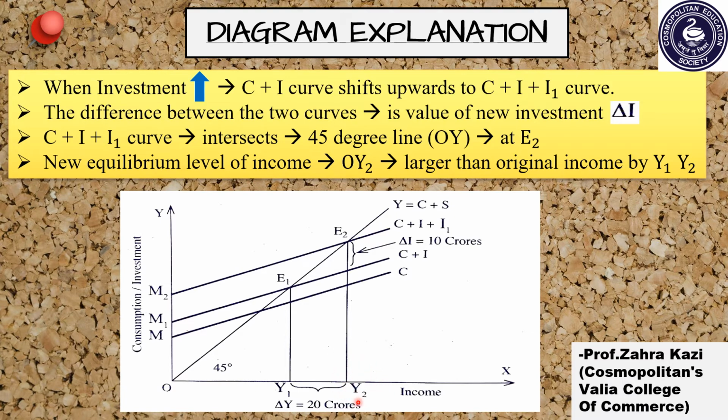So from the diagram, we very well know that this level OY2 of equilibrium income is more than the earlier equilibrium level that was OY1. So clearly we can see that OY2 is more than OY1. How do we know this? We know this by this gap, that is Y1Y2.